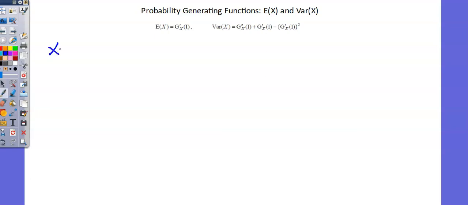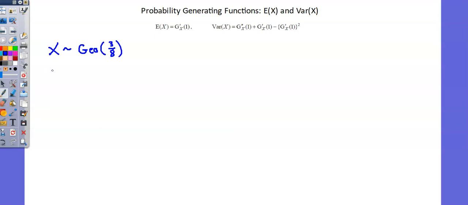Variable x follows a geometric distribution with a probability of 3 over 8. And here I'll apply the general form of the probability generating function for a geometric distribution, which we covered in the first lesson on probability generating functions.